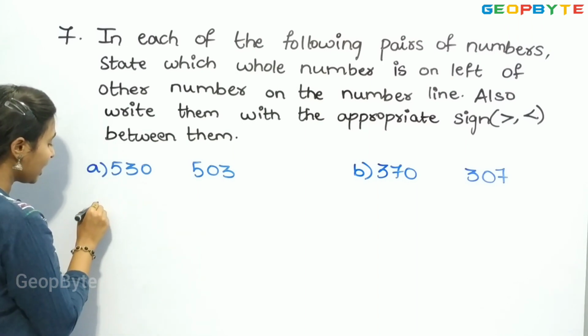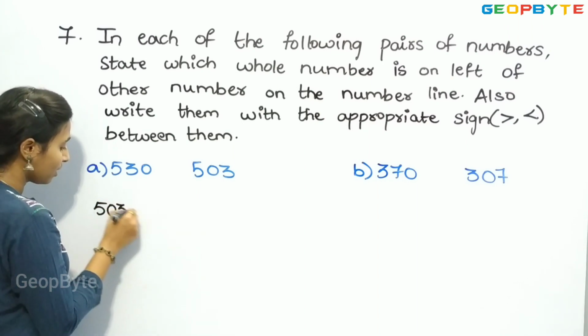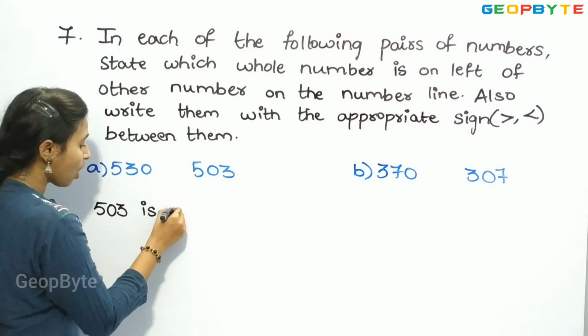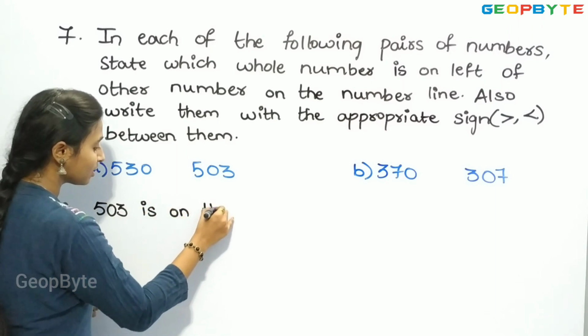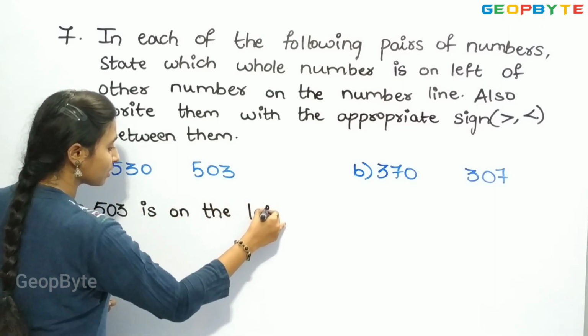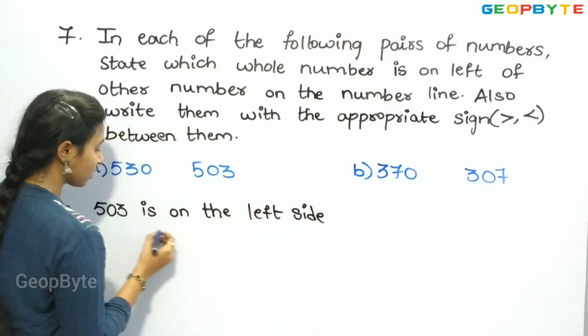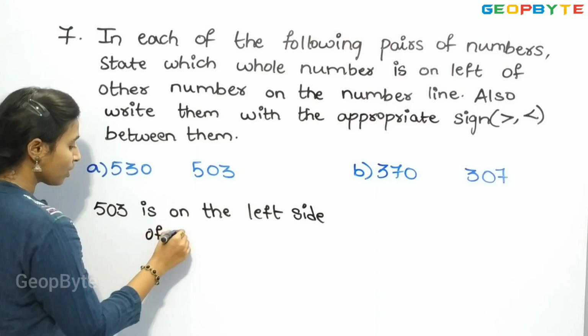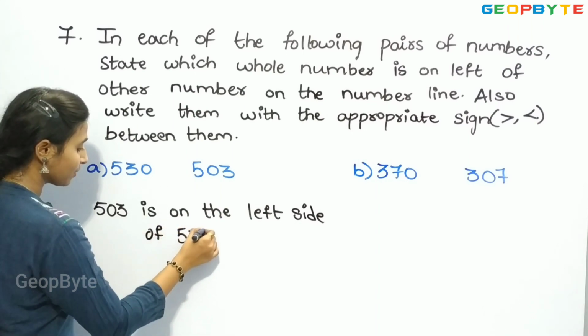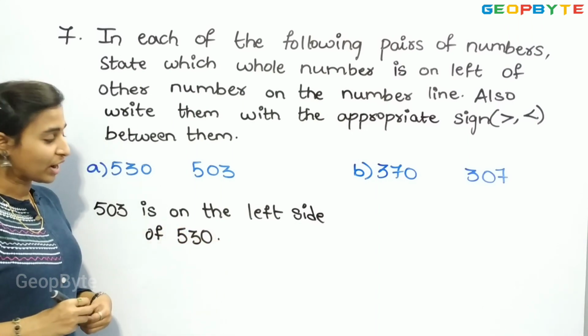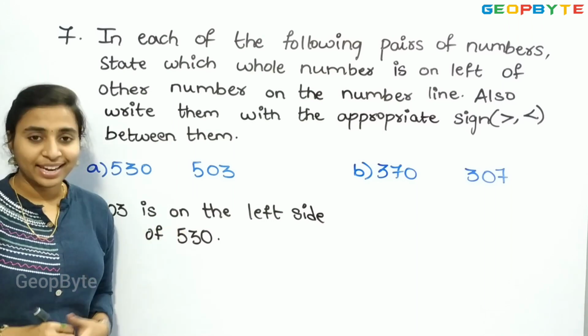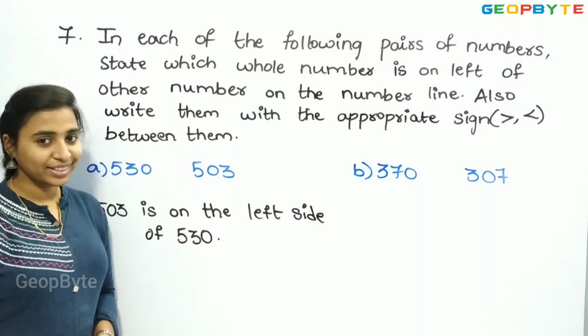So, 503 is on the left side of 530. Right? 503 will be on the left side of 530.